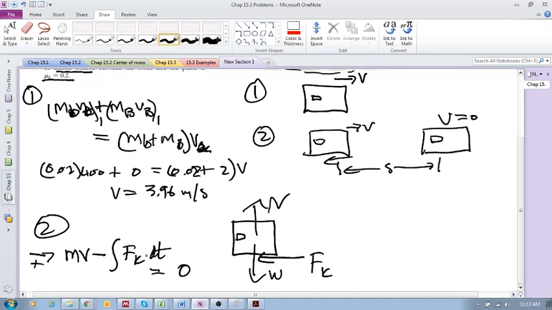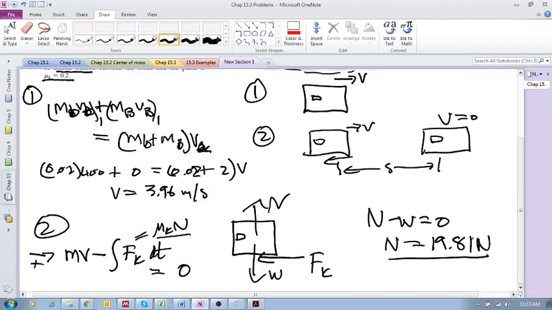We know that the friction force is equal to mu k N, so we need to find the normal force, and that's straightforward. N minus weight is 0, and you can solve for the normal force, which is 19.82 Newton. Okay, so that's the normal force.